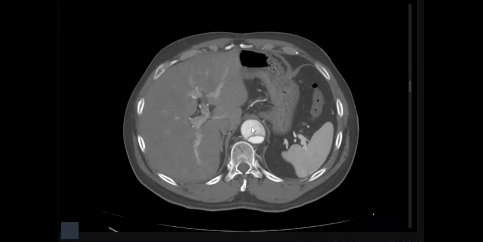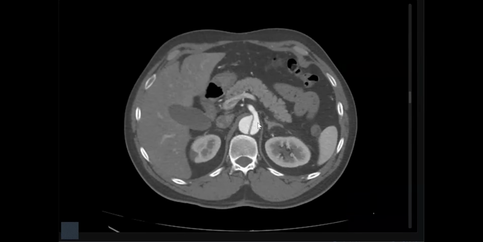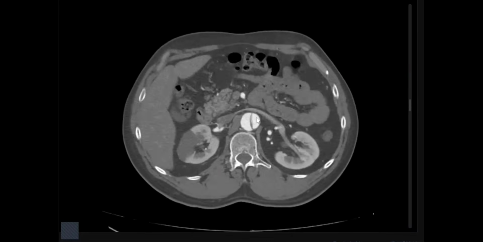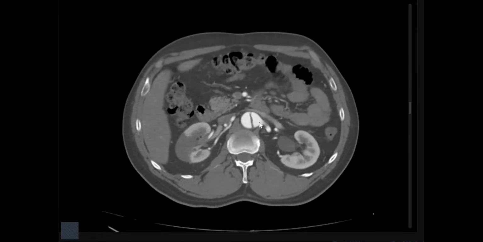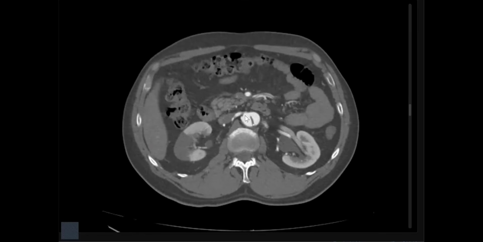Generally, you should assess which vessel arises from the false and which from the true lumen, and report it. Here, for example, celiac, superior mesenteric, and left renal all arise from the true lumen, while the right renal, which was complicated later on, arises from the false lumen.